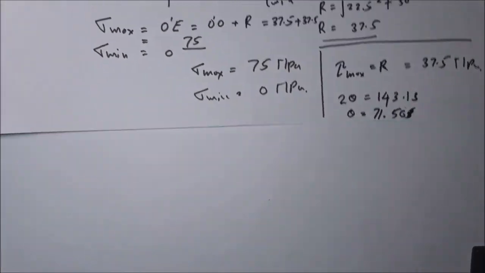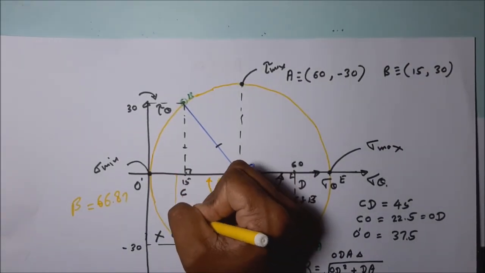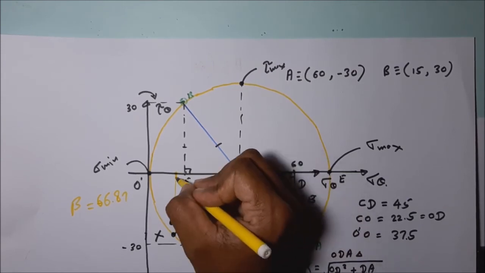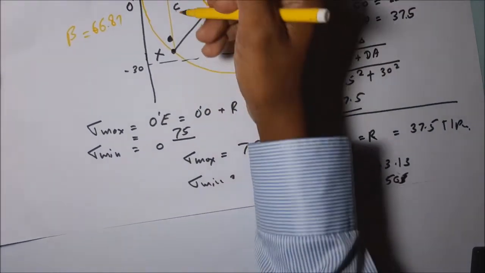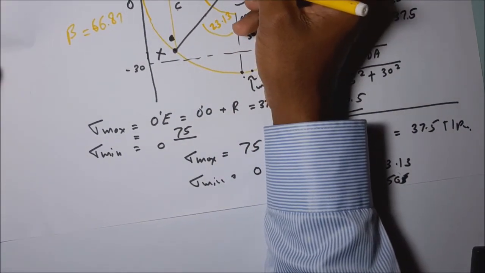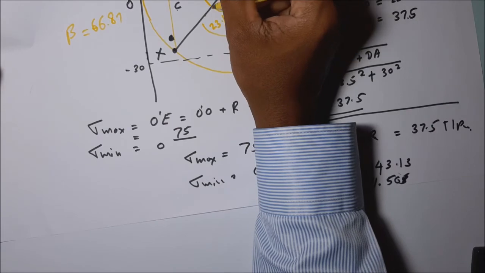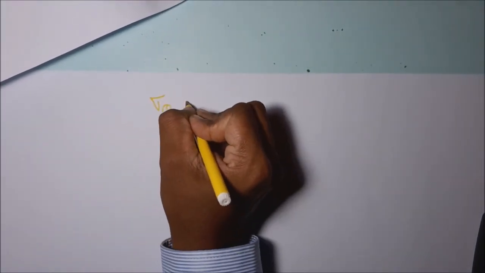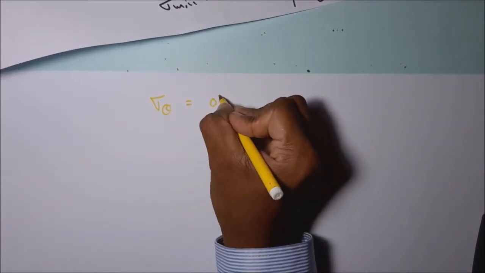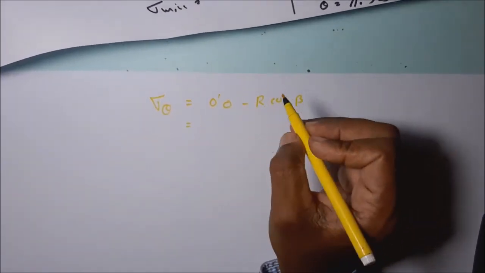Then from this triangle, let's take this point as Y. Sigma theta at point C is equal to O dash O minus r cos beta. What is O dash O?